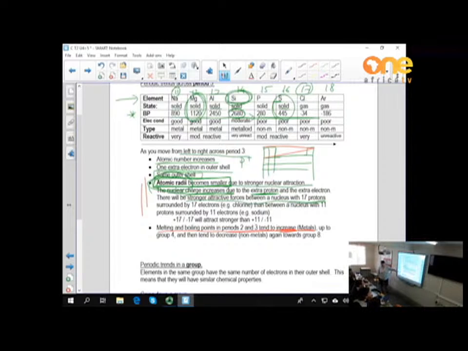And then they say up to group 4, so where we have 1, 2, 3, 4, here's group 4, what happens? And then they tend to decrease towards group 8. All right, and that's got to do with the non-metallic characteristic.